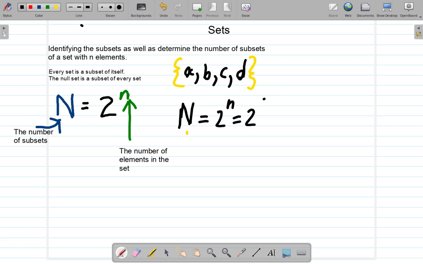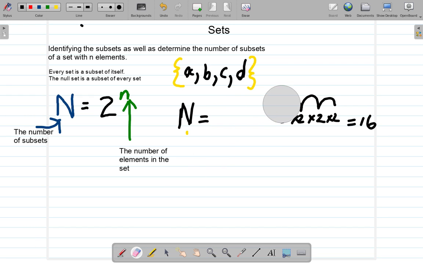So it is 2 to the power of 4. 2 to the power of 4 means you have 4 2's and they all multiply one another. 2 2's 4, 4 2's 8, 8 2's 16. So there should be 16 subsets. Good. So the number of subsets that you should be able to get out of this is 16.